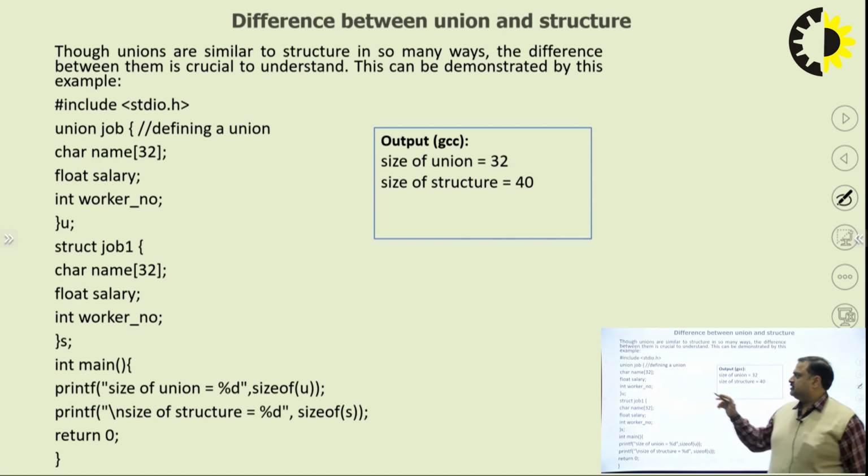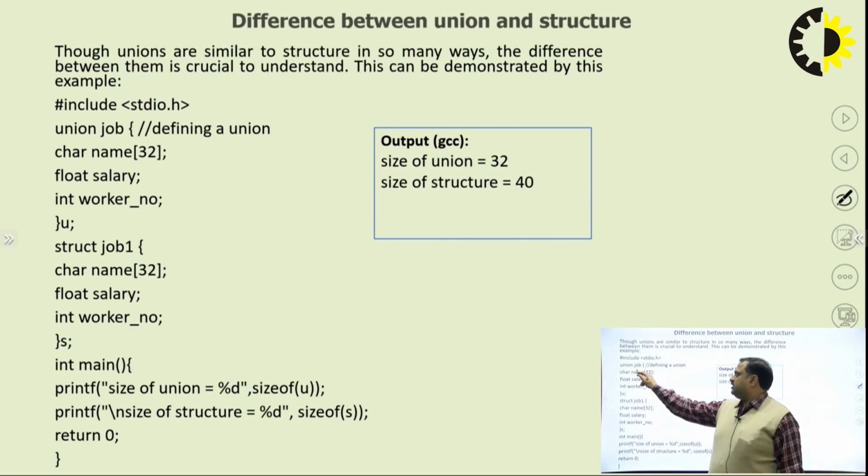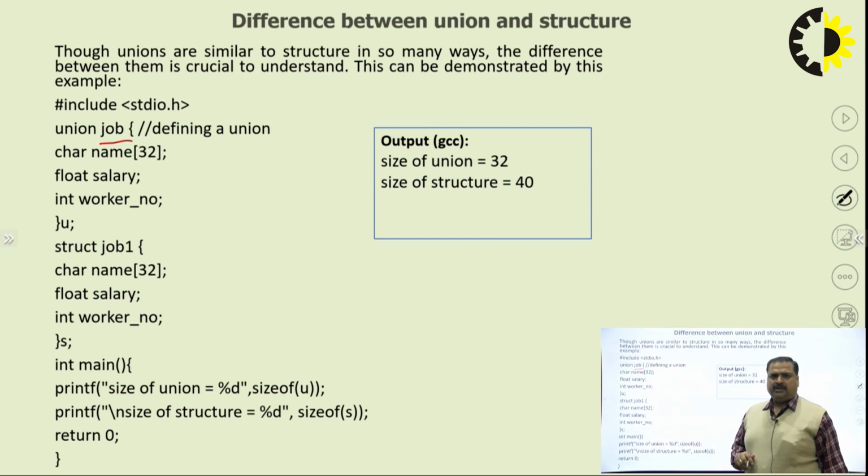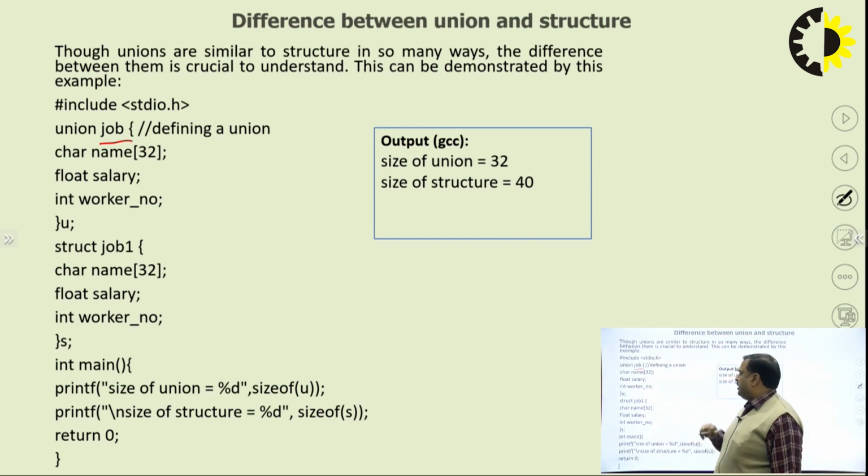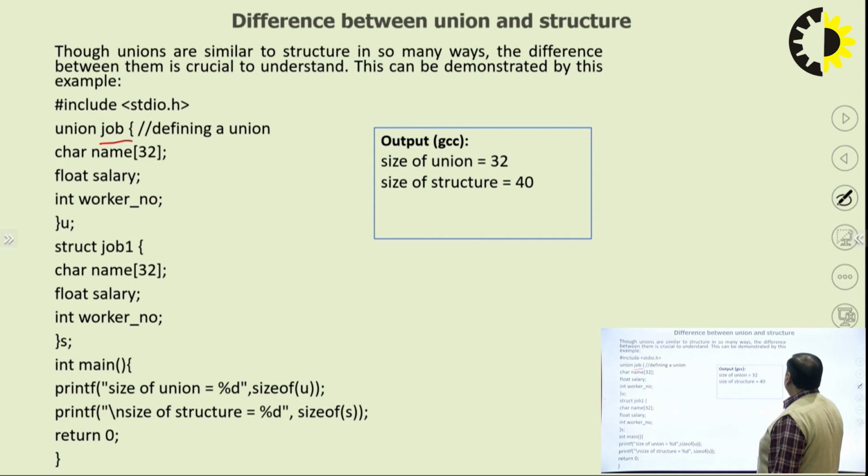In this example, we have created a union named job. If I would be creating a corresponding structure, I hope you remember that the keyword for creating a structure is struct.